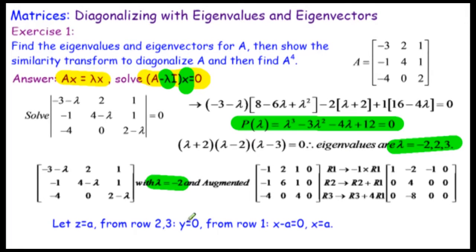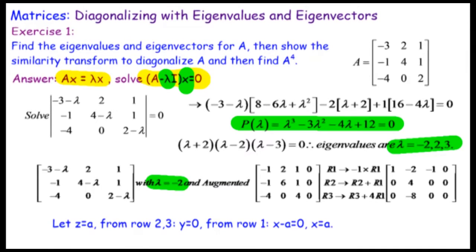So obviously y is 0, and if you put y as 0 into the top one, obviously x is 0, and we're going to make z a, as is usual. So we let z equal a, so we get x minus a equal to 0, so x is equal to a. So that's going to give us the vector: z is a, x is a, and y is 0.